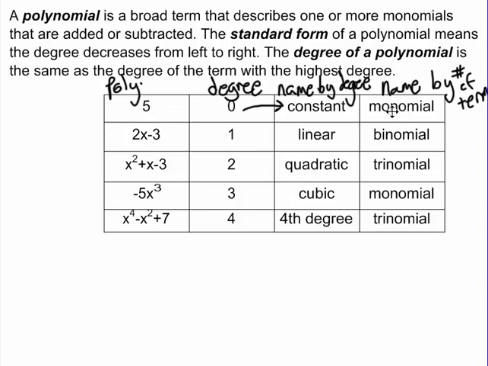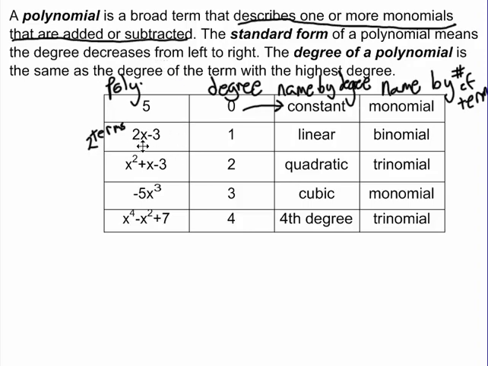Okay, here's the first time you really see one that we say this has two terms. Okay, this one has two terms. How do we know that? Terms are always separated by adding or subtracting. Okay, and that's what this says right here. Alright, polynomial is a broad term that describes one or more monomials that are added or subtracted.